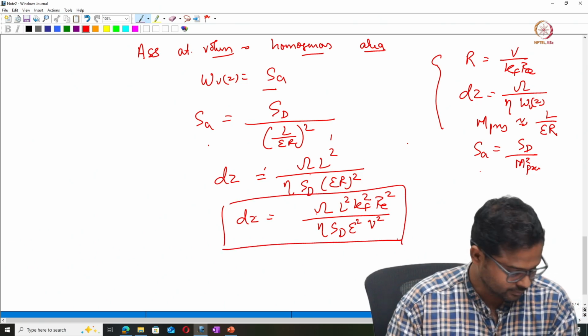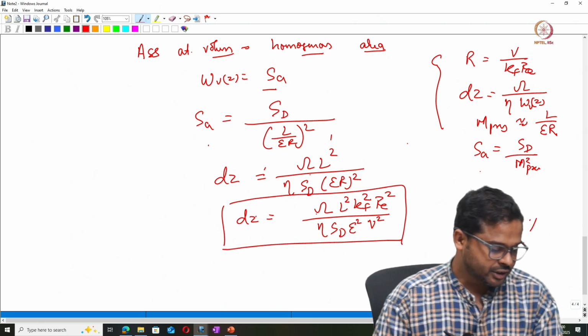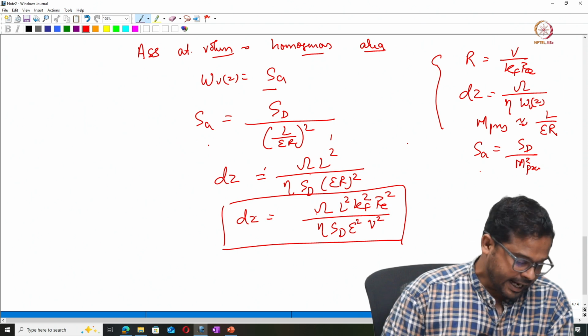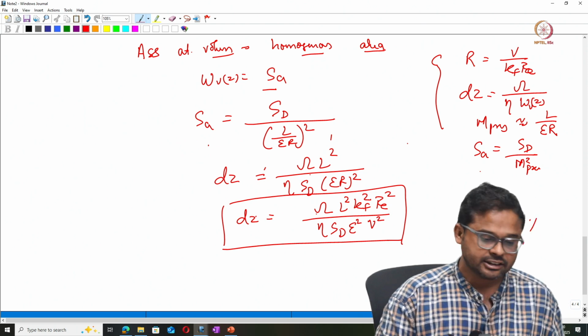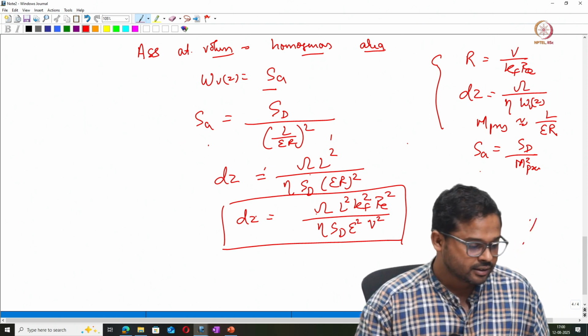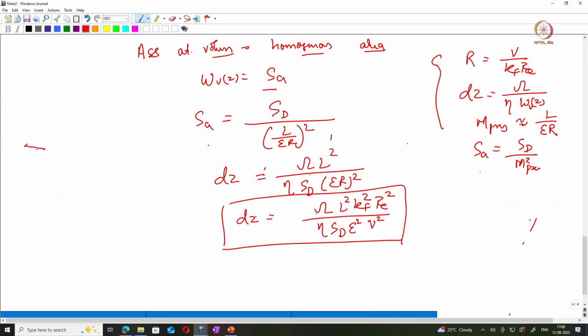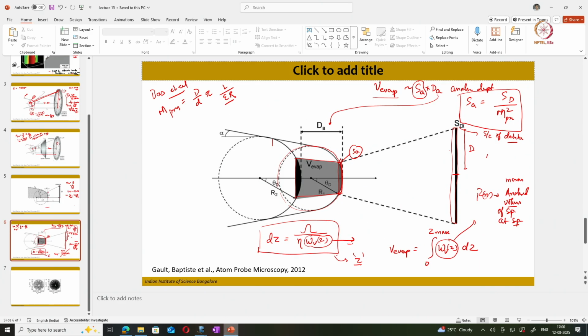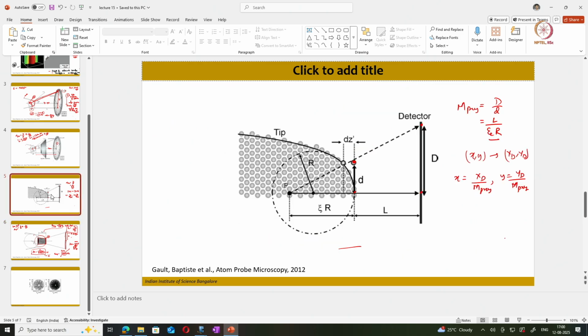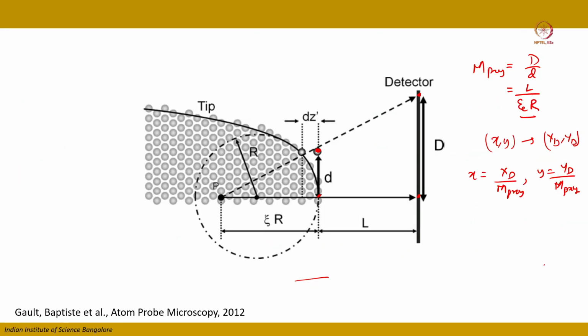Okay, so this projection generates the atomic positions within the plane tangent to the specimen axis. If you see this particular figure, you are assuming that the atom present on the tip surface is projected onto a plane perpendicular to the specimen axis.